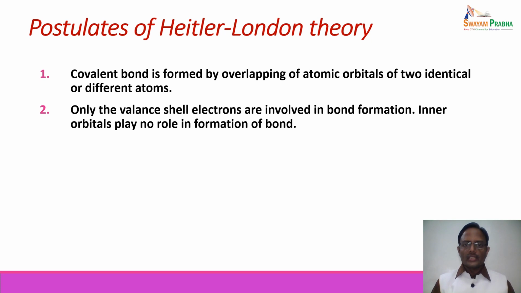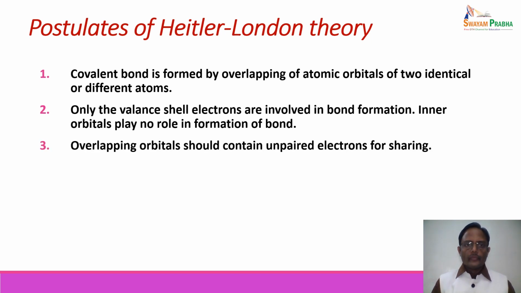Whenever the bond is formed, the inner electrons or the inner shells do not undergo any change, but only the valence shell electrons undergo sharing, pairing, etc. Thirdly, the overlapping orbitals should contain unpaired electrons for sharing. Only those electrons which are unpaired can be shared. Paired electrons cannot be shared.